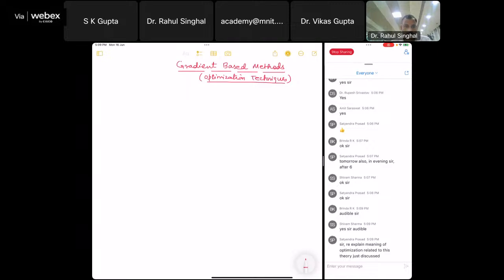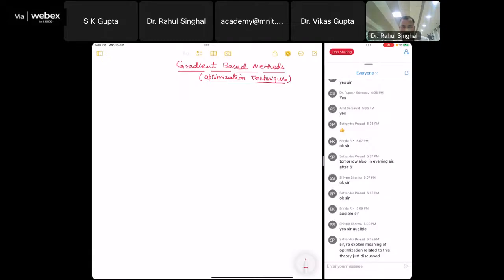So there are some numerical algorithms available in optimization by which you can find at least an approximate optimal solution of a given problem. Of course, we cannot find the exact solution using these techniques, but at least we have some technique by which we can find the best possible solution of the given problem.